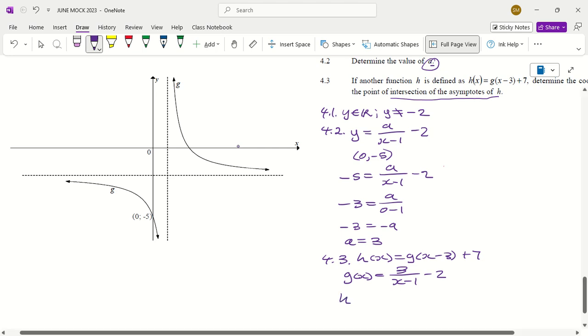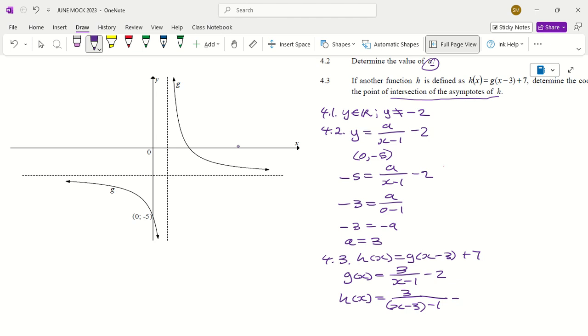So for h of x, we need to say it's 3 over x minus 3, and then this is where there was x. Then next to x was a negative 1. So very simple there. Then there was a negative 2, but in the entire function we need to add 7.